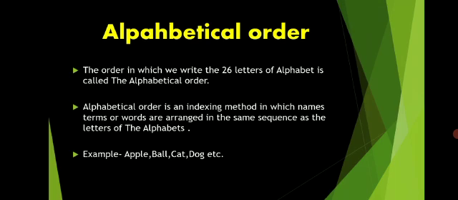This order or sequence in which all the alphabets are arranged is called the alphabetical order. I'm repeating again: this order in which all the alphabets are arranged is called the alphabetical order. It is also known as ABC order.